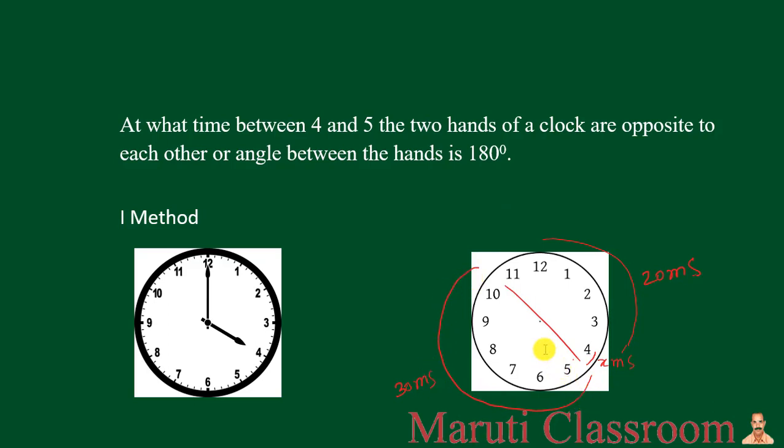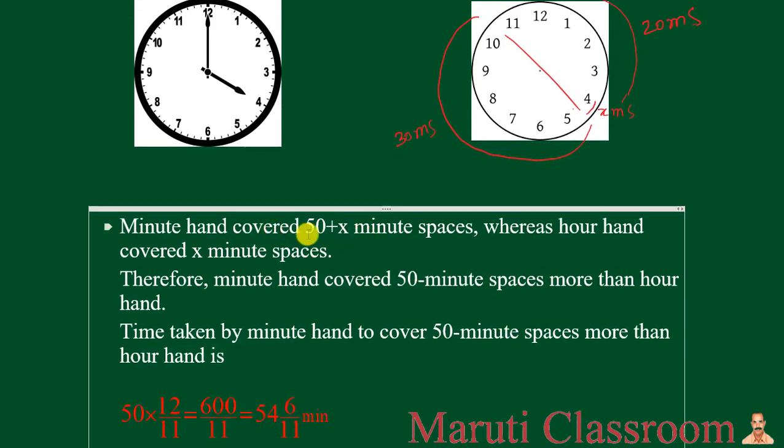So from the 4 o'clock position to this position, the minute hand covered 20 plus x plus 30, that is 50 plus x minute spaces, whereas the hour hand covered x minute spaces. So how many minute spaces did the minute hand cover more than the hour hand? 50 minute spaces.